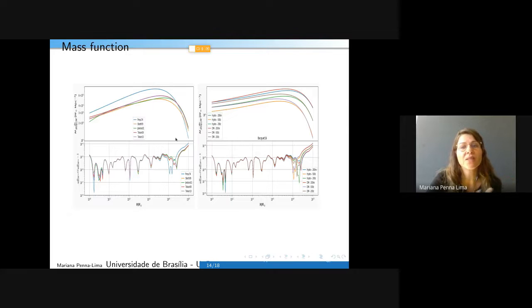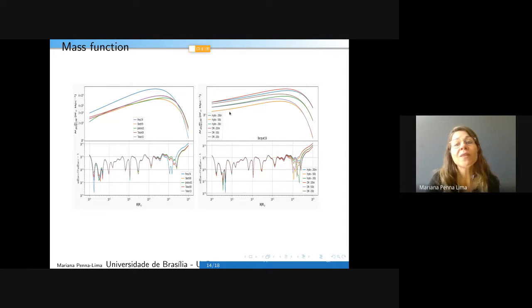We show the mass function using some different multiplicity functions: Press-Schechter, Jenkins 2001, Tinker 2008, Tinker 2010. Here we have the results from Bocquet 2016, comparing different situations, because Bocquet is a multiplicity function where you can include baryonic effects or not. So DM is for dark matter, and Hydro is for hydrodynamic simulations.